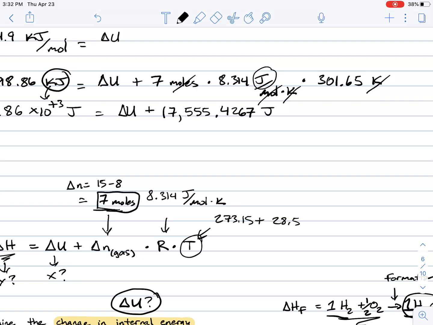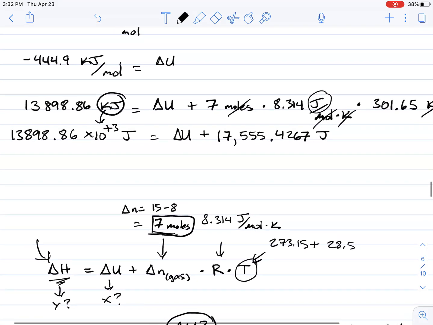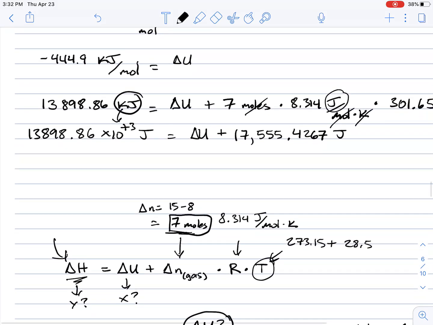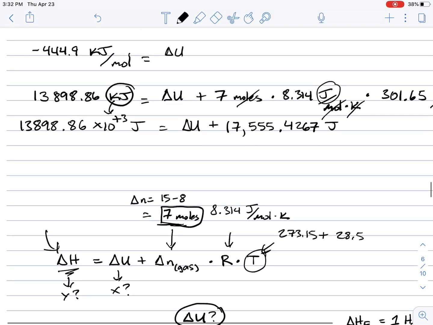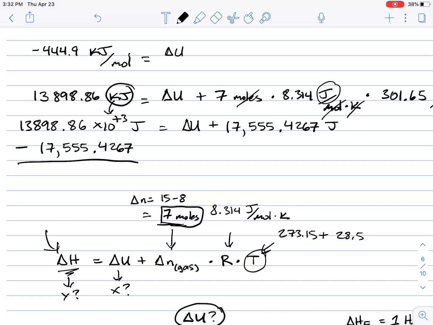And this will be joules. All right. And so the last step is to basically move this number to the other side. So I'm just going to go ahead and duplicate this, and subtract these two values.